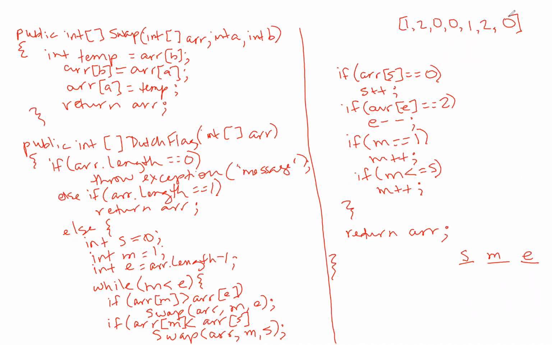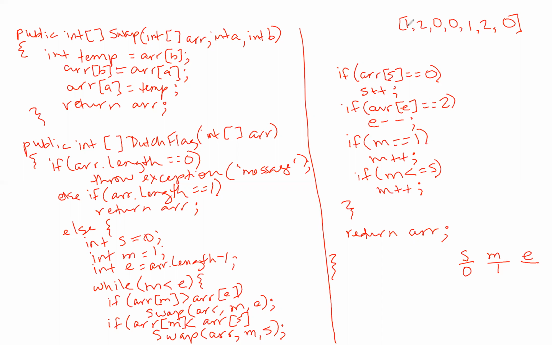and 0. So we're going to start. First we look, and array.length does not equal 0, so we're not going to throw that exception. Else if array.length equals 1, which it doesn't. So we're going into our algorithm, and S equals 0, M equals 1, and E is array.length minus 1.